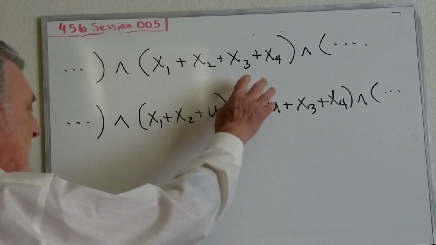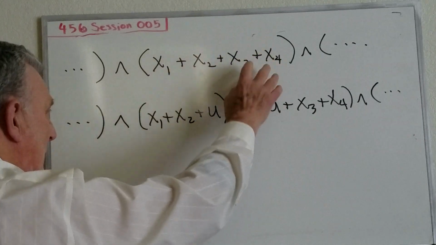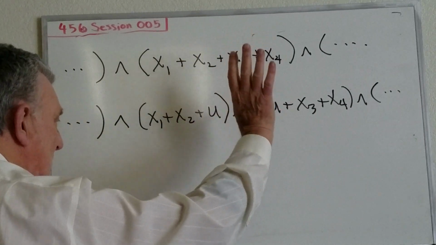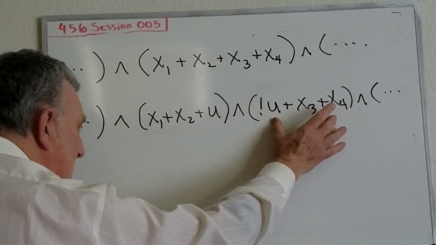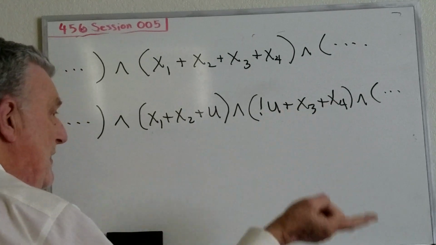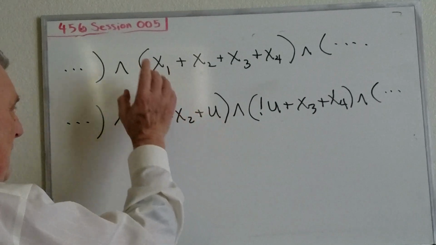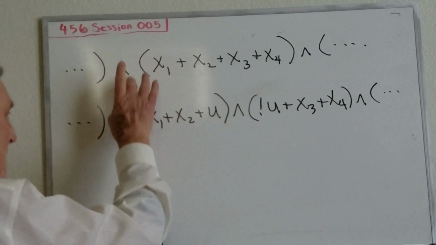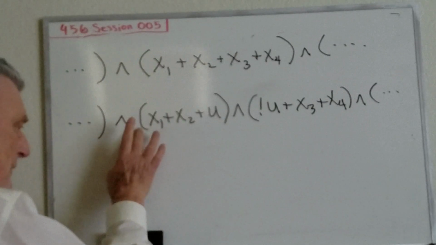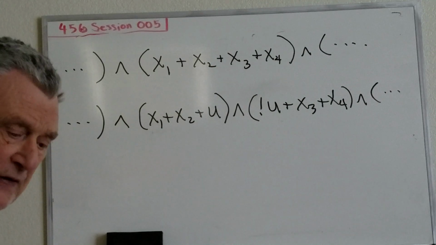On the other hand, suppose the assignment we have makes either x3 or x4 true, then our clause here is true. We assign true to u, and we make this clause true. Therefore, this entire expression is satisfiable if and only if that expression is satisfiable.